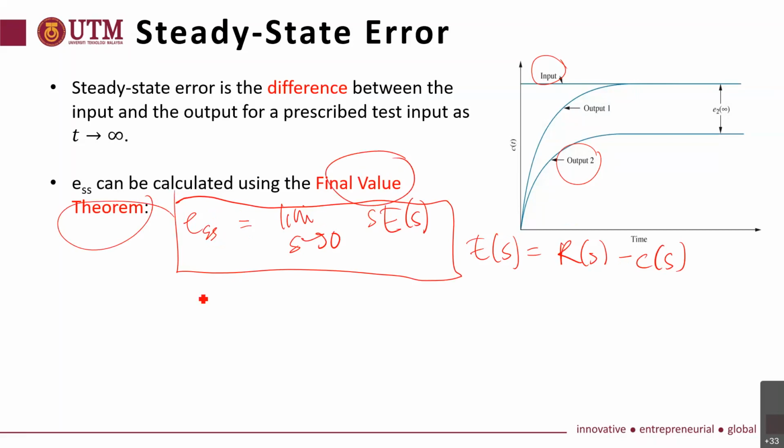It is actually similar to the error as t approaches infinity of e(t). That is in the time domain, but in the Laplace domain, we use the limit as s goes to 0 of sE(s), and that is called the final value theorem. And of course, our aim is to have zero steady state error.